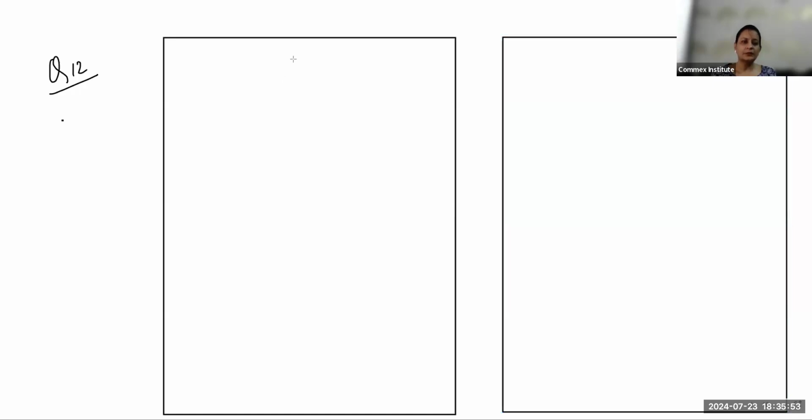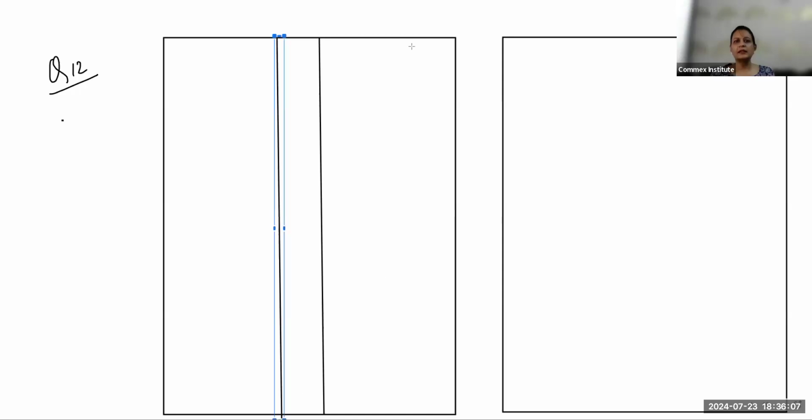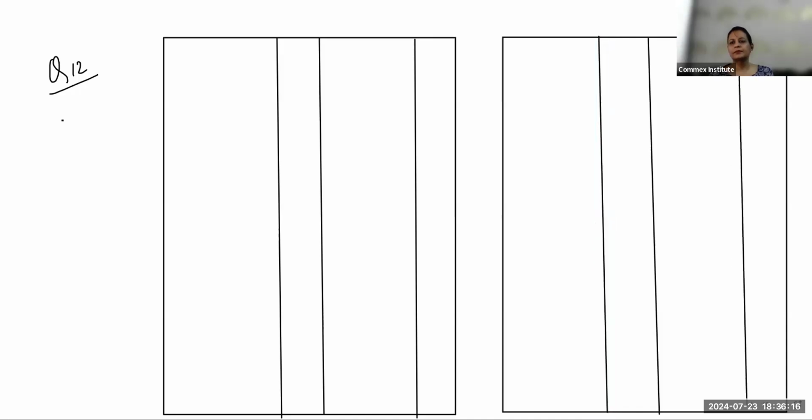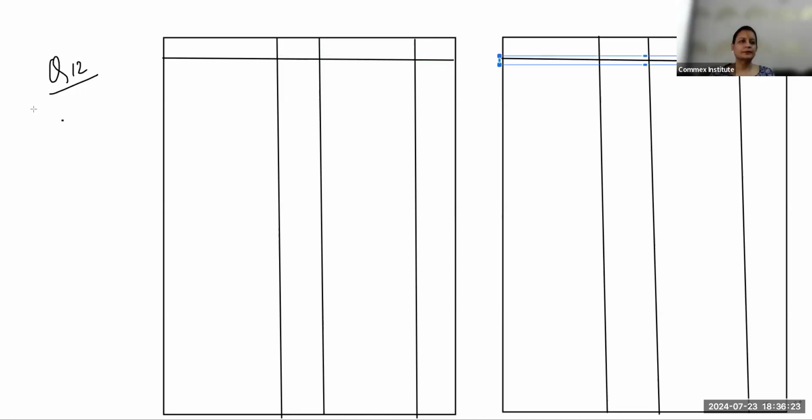First, draw the format. The debit balance is on the left-hand side, and the credit balance is on the right-hand side. And of course, the heading you have to write.